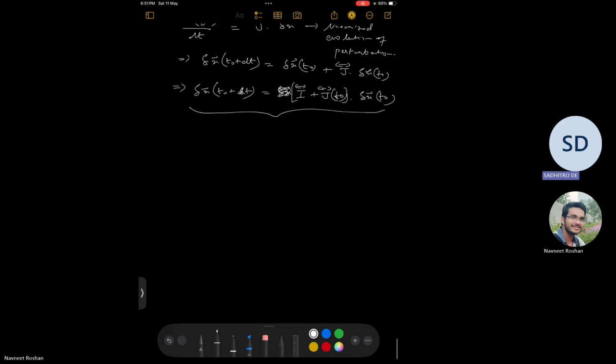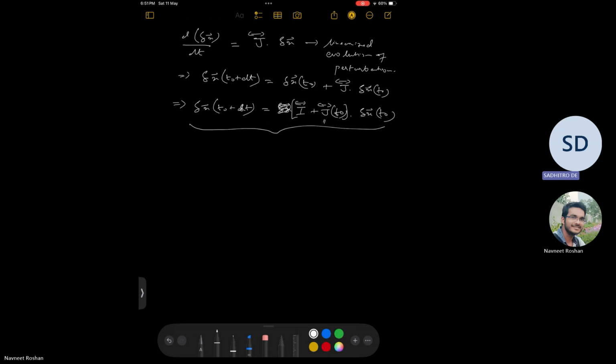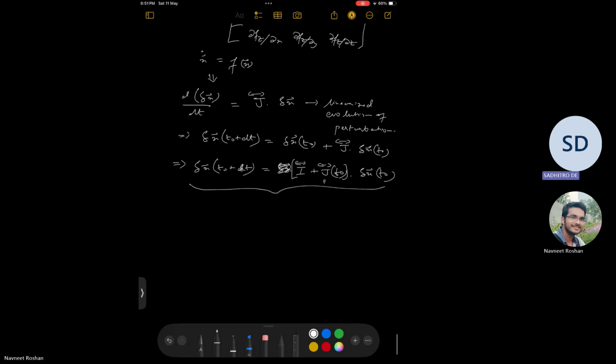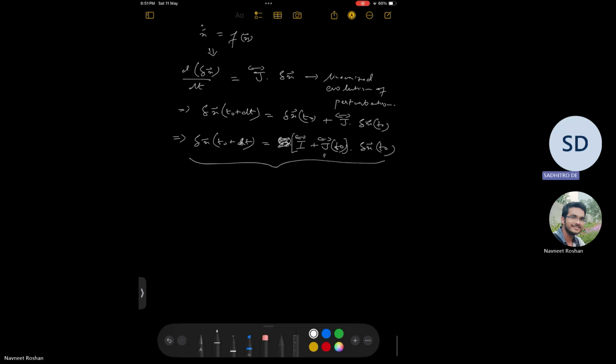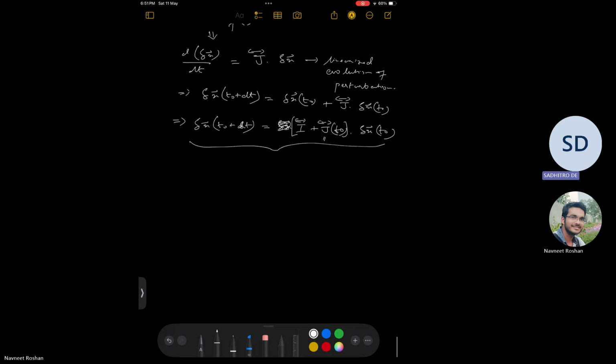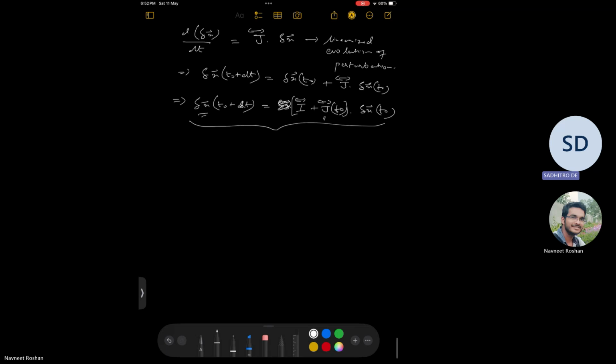To obtain the Jacobian, we need to solve the original flow equation, which will give us x, y, and z at time t. Using x, y, and z at time t, we can evaluate the Jacobian matrix. Now if you evolve this perturbation equation, you get delta x, the perturbation.